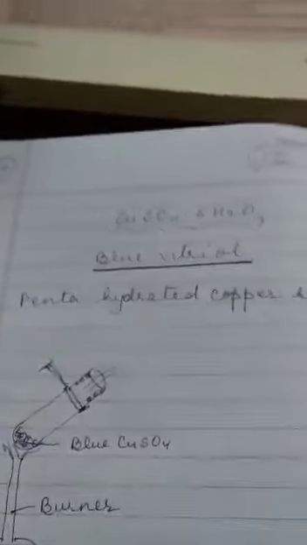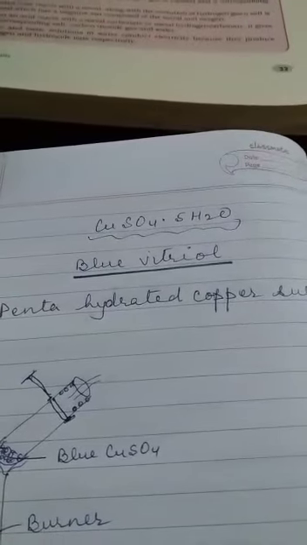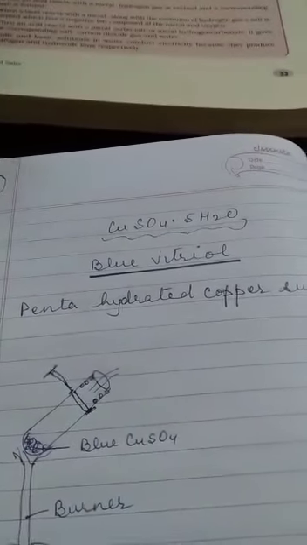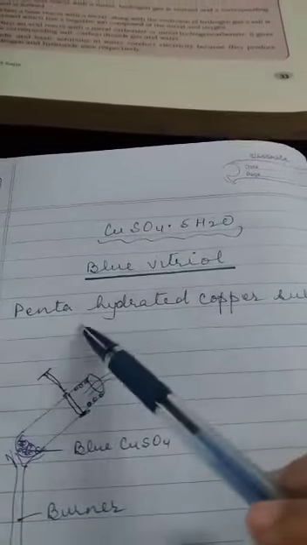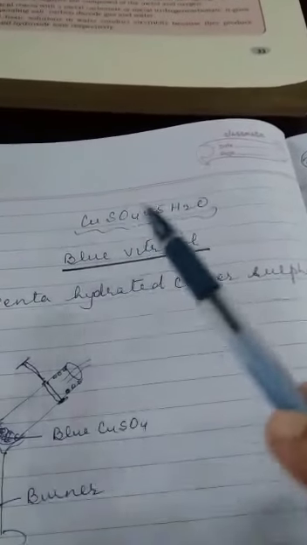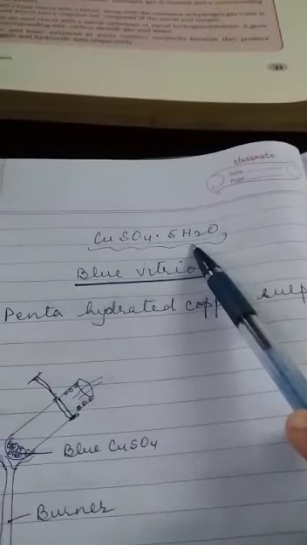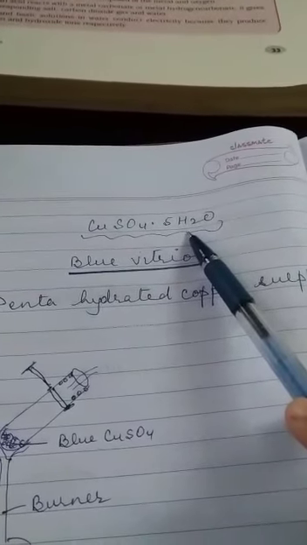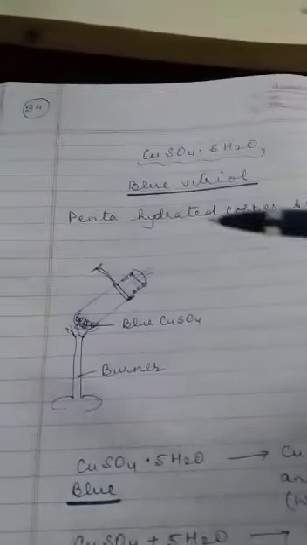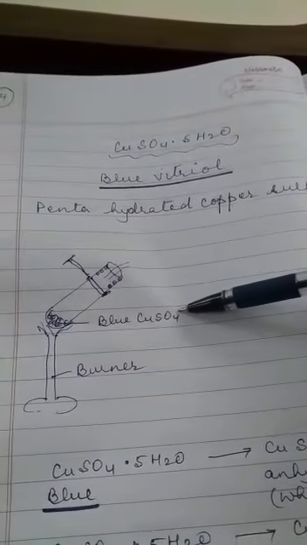Next, our next chemical is blue vitriol. It is pentahydrated copper sulfate. As you know, it is pentahydrated because it has 5 molecules of water of crystallization. What happens when pentahydrated copper sulfate is heated?